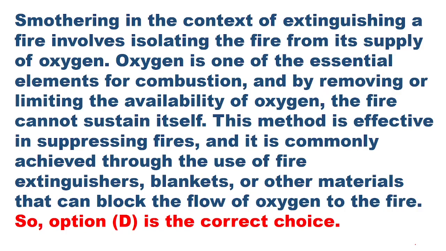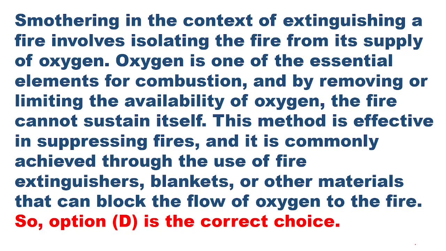Smothering in the context of extinguishing a fire involves isolating the fire from its supply of oxygen. Oxygen is one of the essential elements for combustion, and by removing or limiting the availability of oxygen, the fire cannot sustain itself.